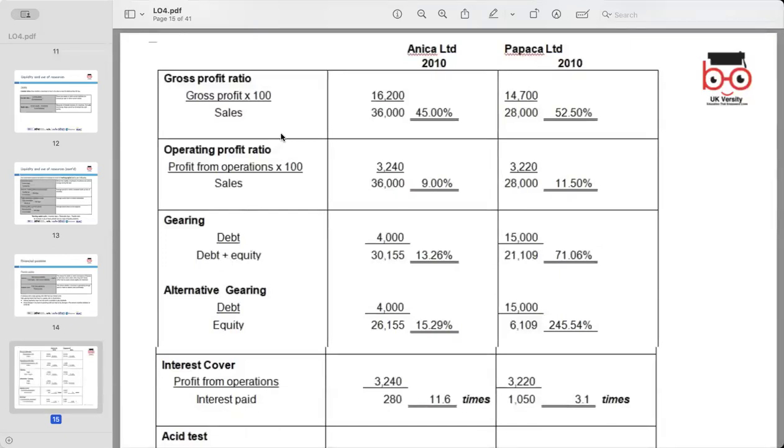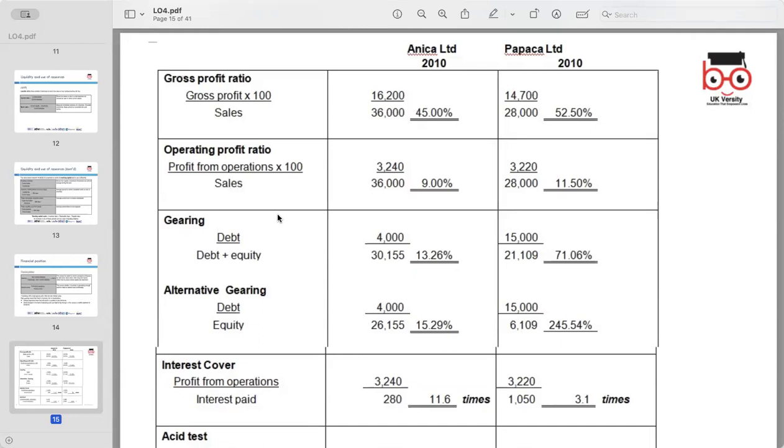So if you remember, financial ratios are powerful tools for evaluating companies' performance and financial position. The gross profit ratio, calculated by dividing gross profit by sales and multiplying by 100, measures the percentage of sales revenue retained after deducting the cost of goods sold.